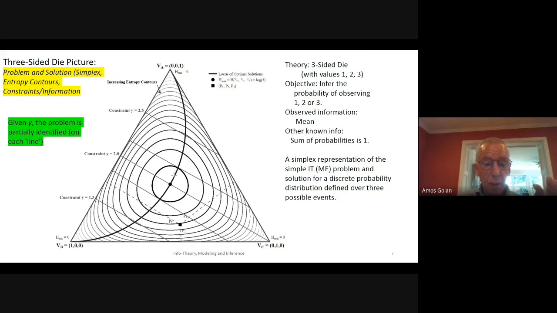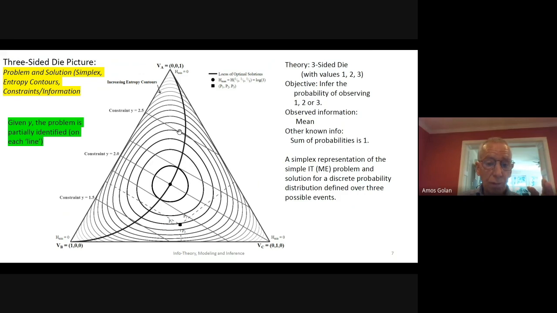As you go toward the center of gravity, where all the probabilities are equal, you get the largest entropy. I'll define it in a minute. And you can see that each one of those entropy contours is represented by its boldness and darkness.